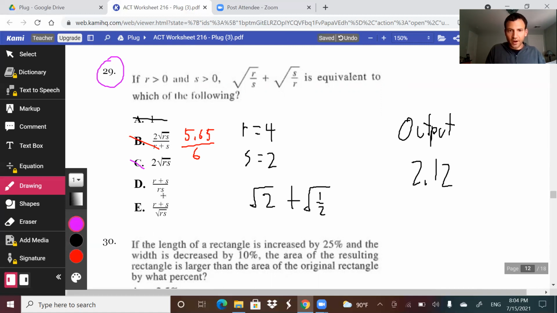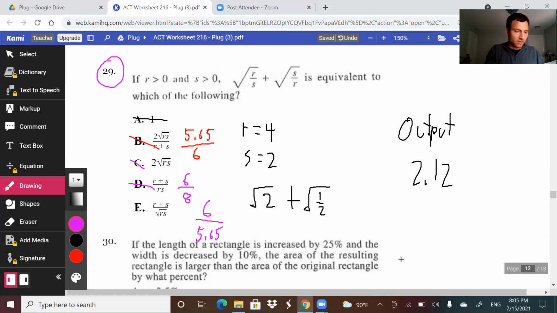R plus S divided by RS. Well, R plus S is 6 divided by 8. That's 3/4. That's not 2.12. So finally, we have 6 divided by the square root of 8, which we said was about 5.65.